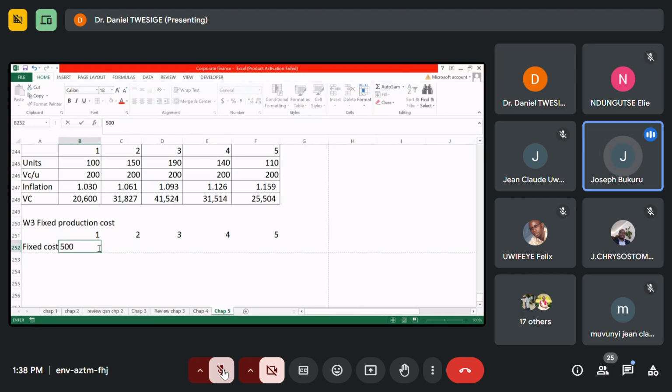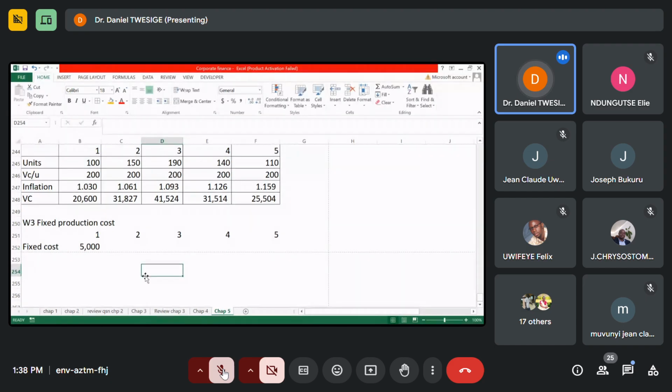In that example, we don't have to select the relevant cash flow. We have them because this is a fixed production cost. It is relevant because you are going to incur it in your production. They are not normal fixed costs.